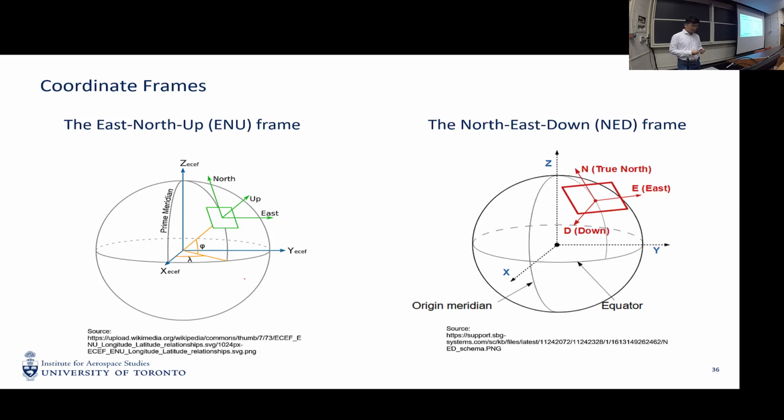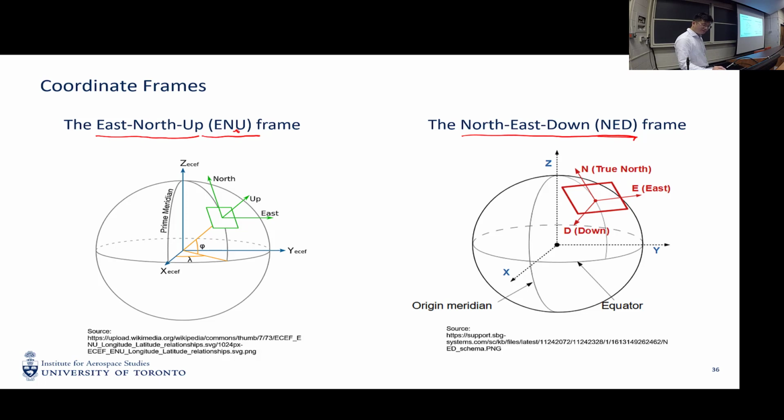Before we talk about the details of the dynamics modeling, it's essential to get a little understanding about the coordinate frames. In aerospace applications, there are two main frames used. One is the ENU frame, east north up, and the NED frame is the north east down frame.